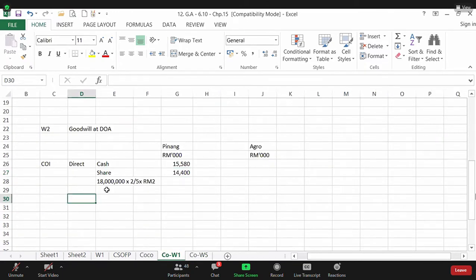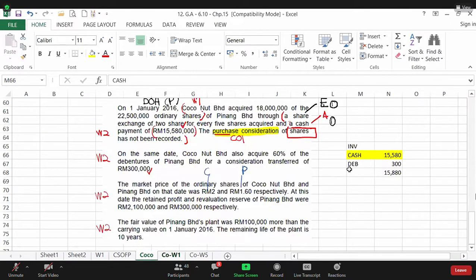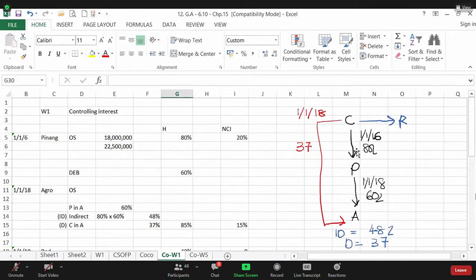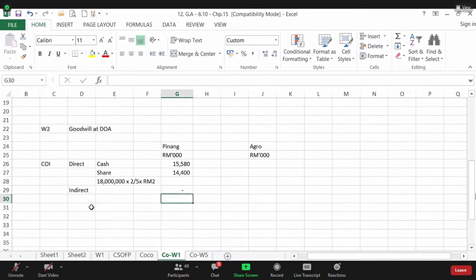Now I go to, do we have direct, indirect in Penang? We don't have indirect in Penang, because if you go to the diagram, Penang is a direct acquisition. I settle Penang first, then we have NCI. And now what is the option?